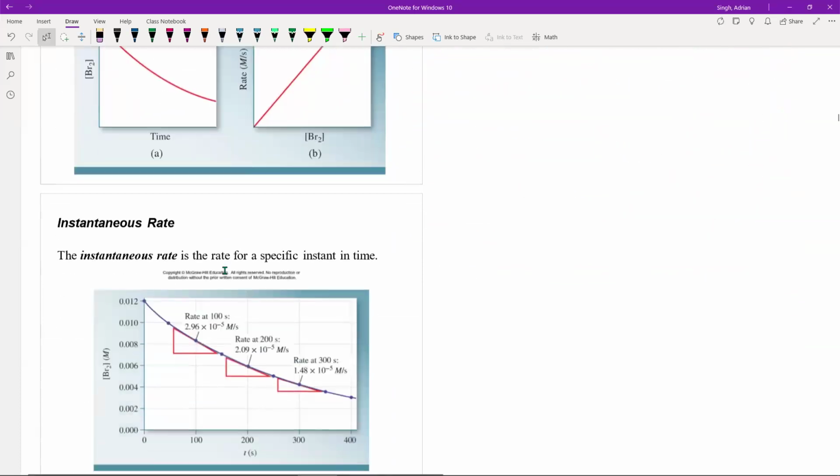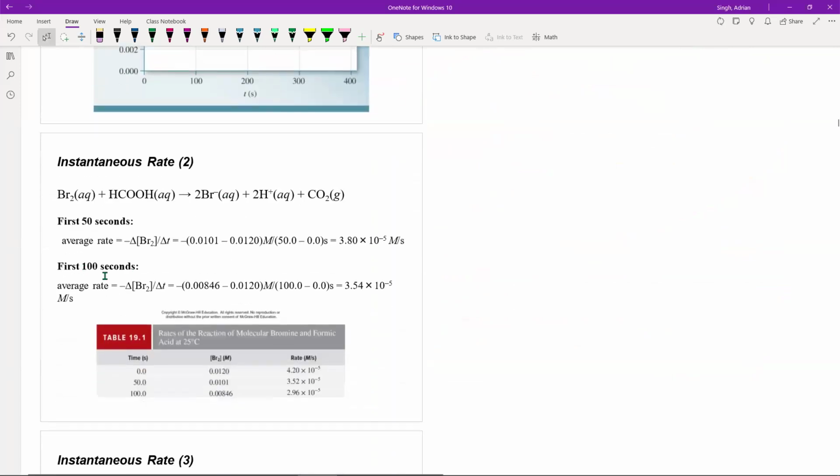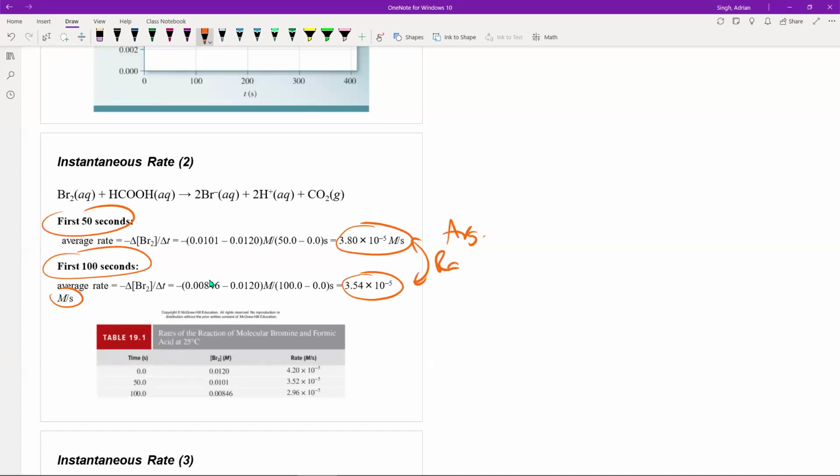We could also calculate the rate over the first 100 seconds in a similar manner. We just plug in those values. And what we find is that the rate over the first 100 seconds is 3.54 times 10 to the minus 5 molar per second. And as we just found, the rate over the first 50 seconds was 3.80 times 10 to the negative 5 molar per second. So what you will see is that the average rates are not the same.